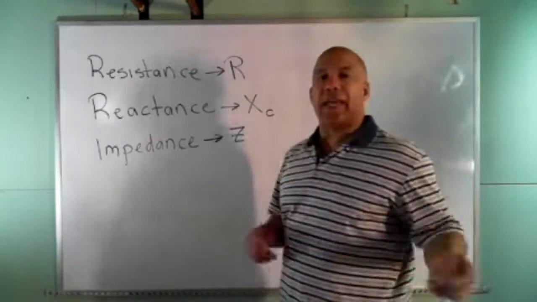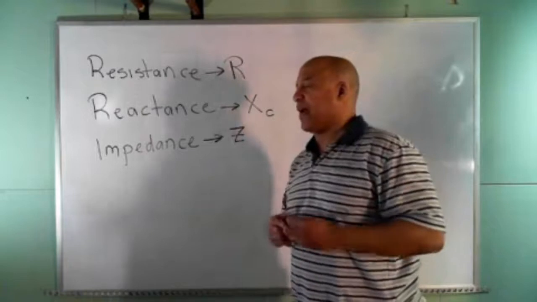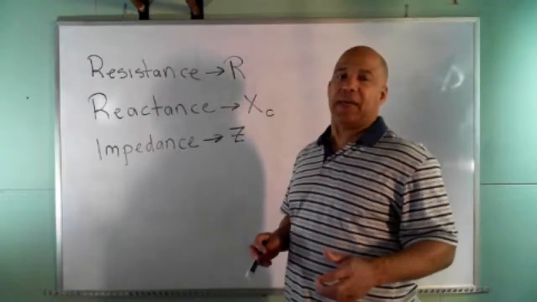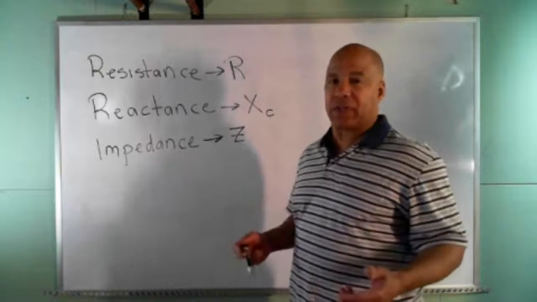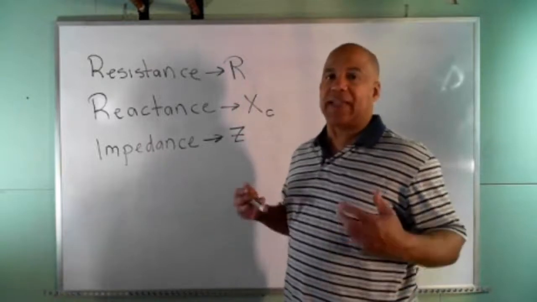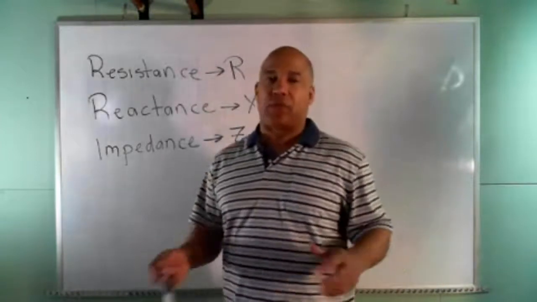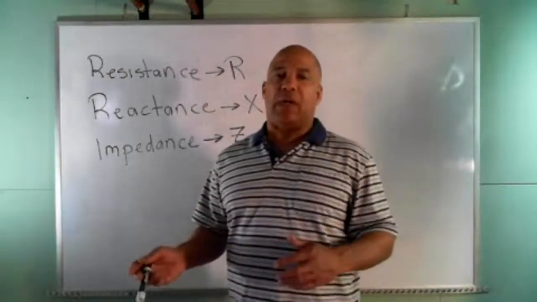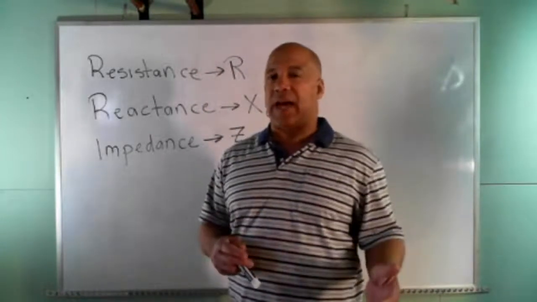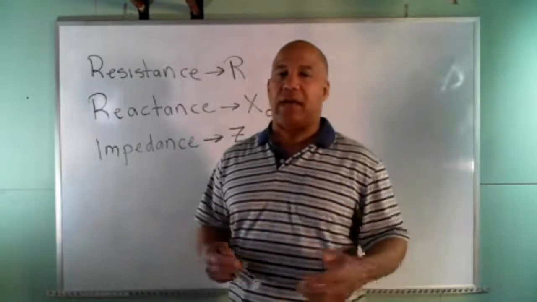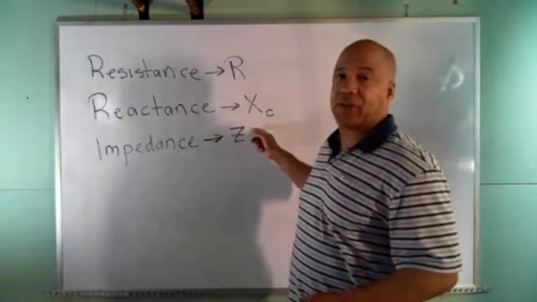Now, how do these relate to each other? To understand that, I introduced in the last lecture an impedance triangle, which came from something called an impedance diagram. So I'm going to go back to that impedance diagram, just as a review. I want to start with the impedance diagram and then go back and explain where that impedance triangle came from for capacitors.